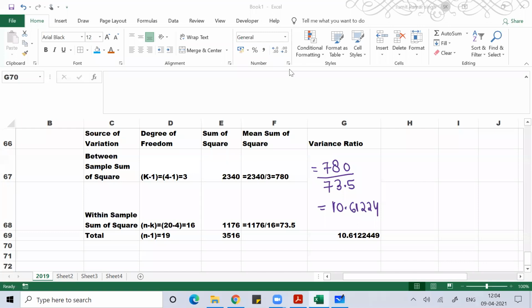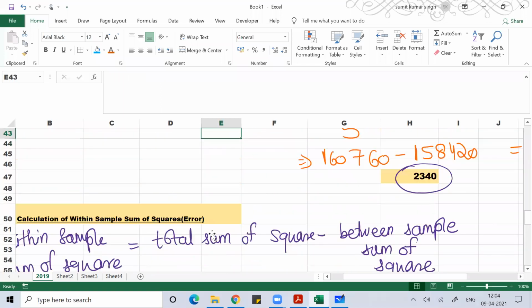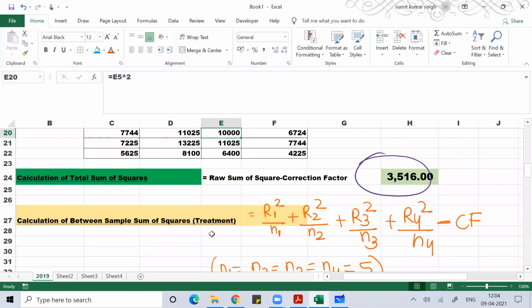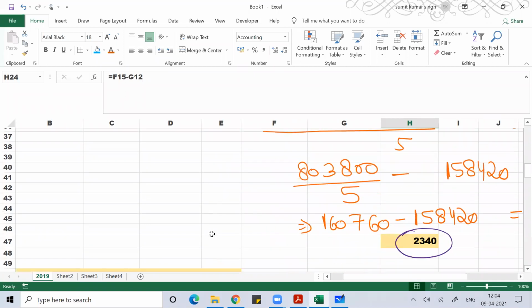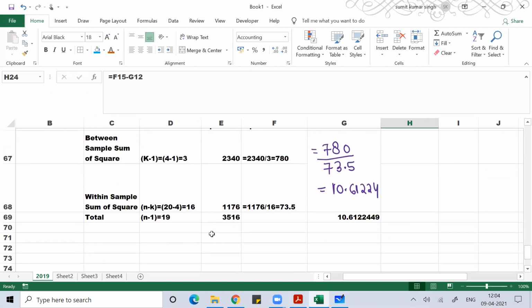Total, total is this only. We already got the total sum of squares. That was the raw sum of squares minus the correction factor. When you do the sum of within sample sum of squares plus between sample sum of squares, you will get the total sum of squares only. So simply we did the sum here.